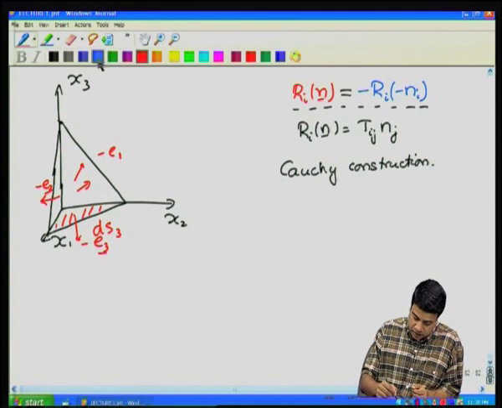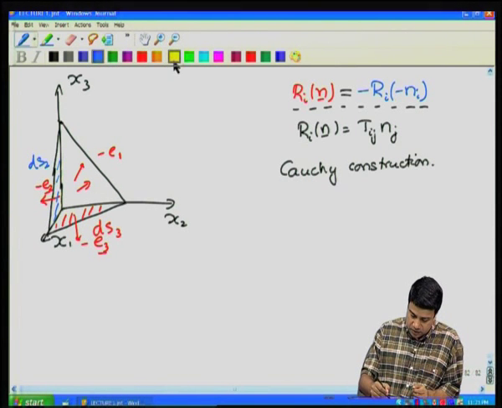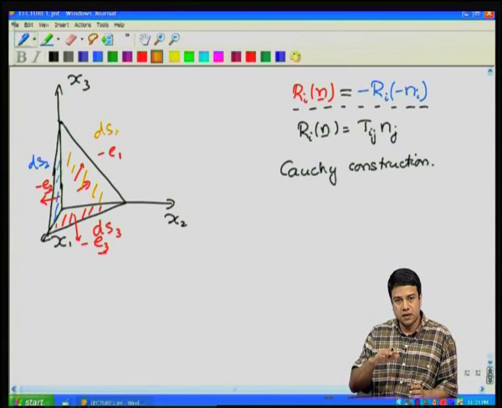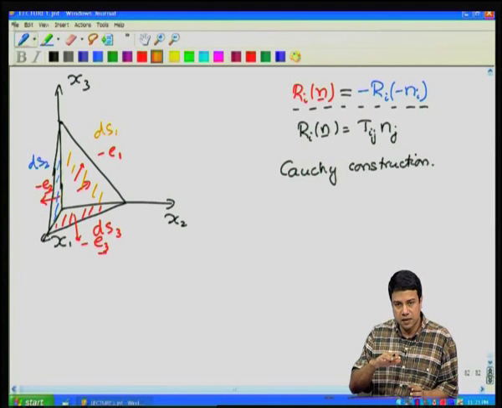Similarly, this area in the x1, x3 plane, I will call ds2. The area in the x2, x3 plane, that is behind there, I will call ds1. And this area that is at an angle to all 3 planes, I will call ds.